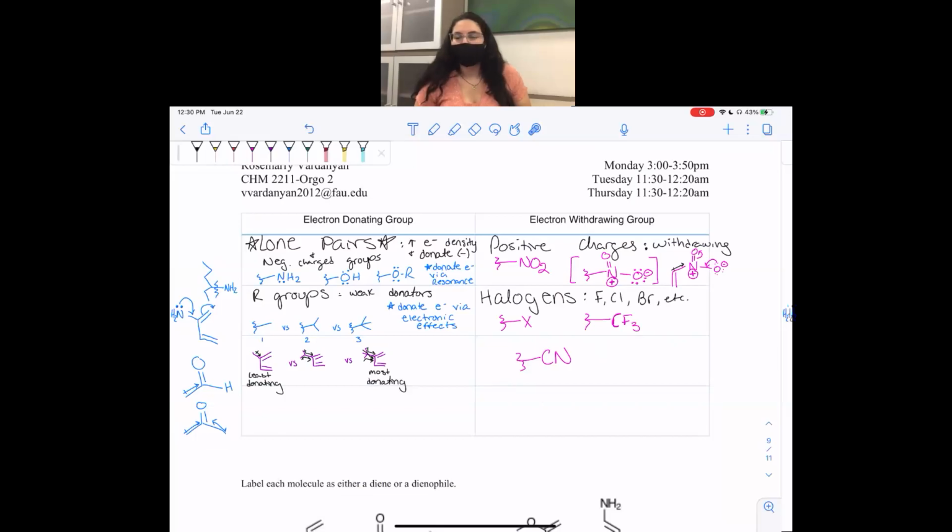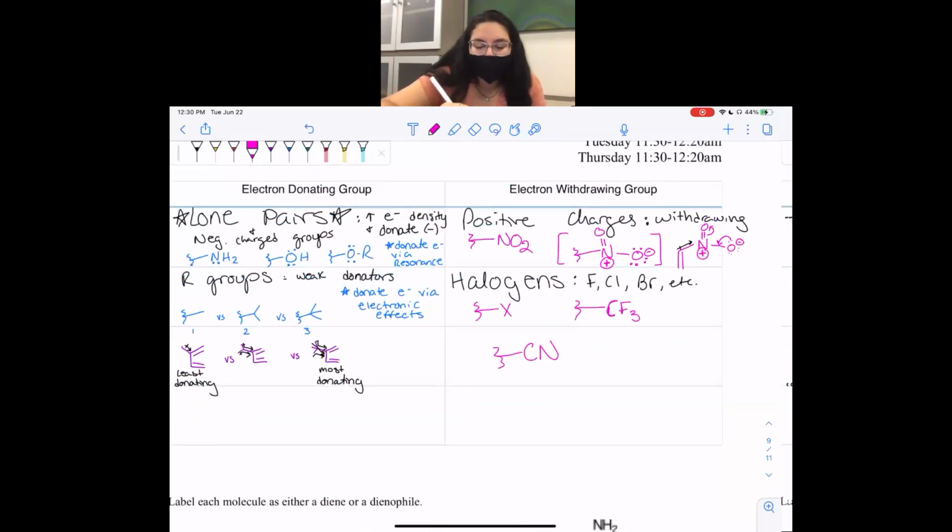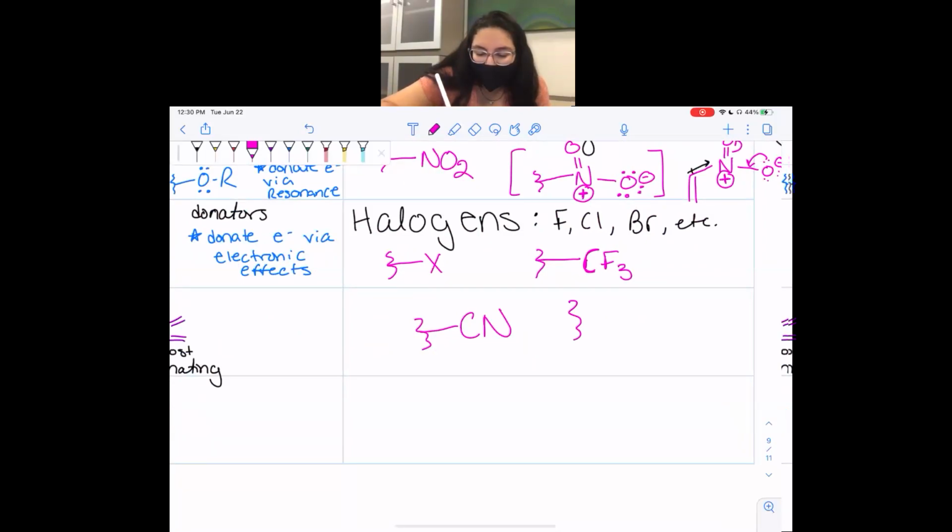And if you guys don't know, that's completely fine. It does have a lot of electrons because this looks like so. The other nitrogen just had a lone pair, but remember, CN is a triple bond. And then people go, but wait, if it's a triple bond, why doesn't it donate? The reason it doesn't donate is because the resonance is going to push that way.